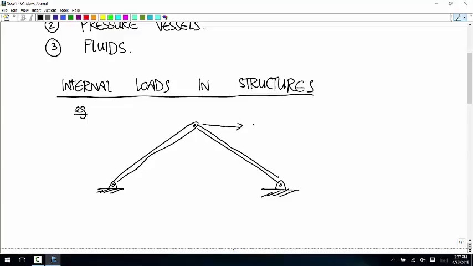You have some external load applied. And let's say that masses are, we'll say that's 2 meters long, and that the masses of each of these are 50 kilograms.